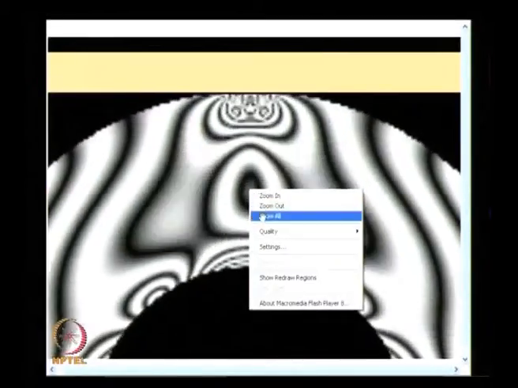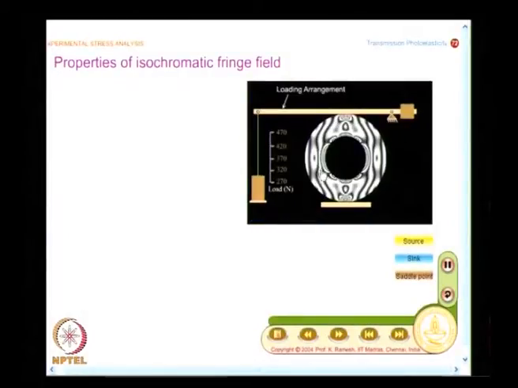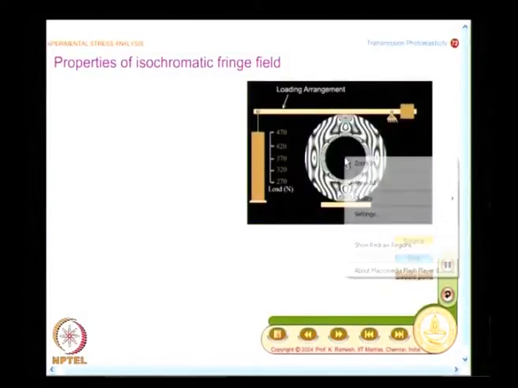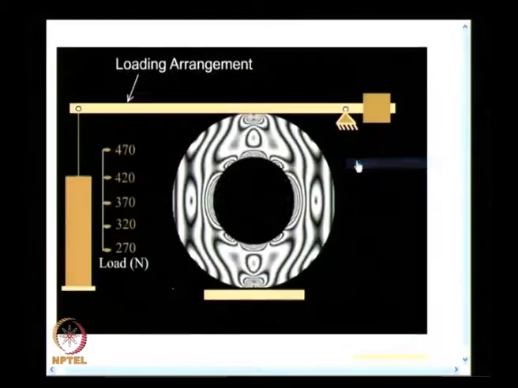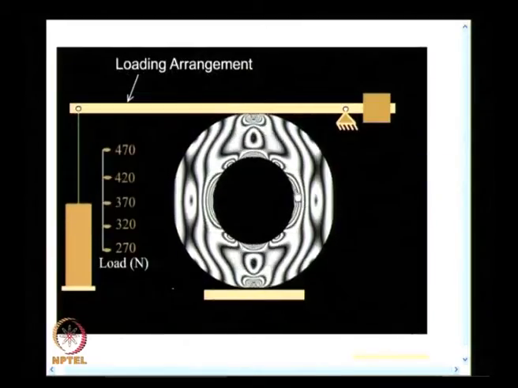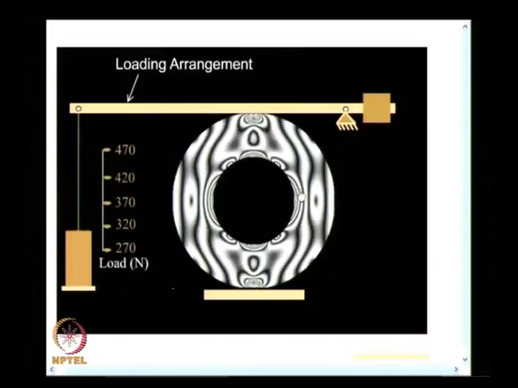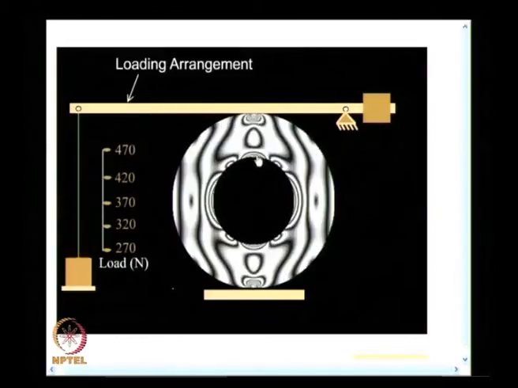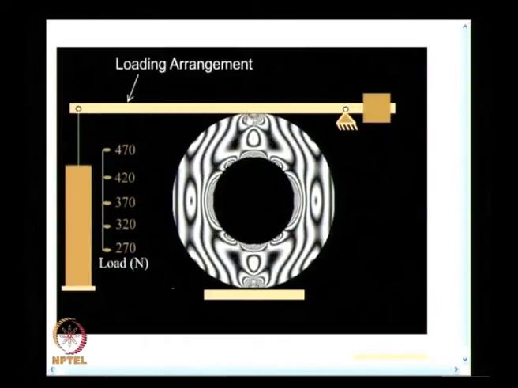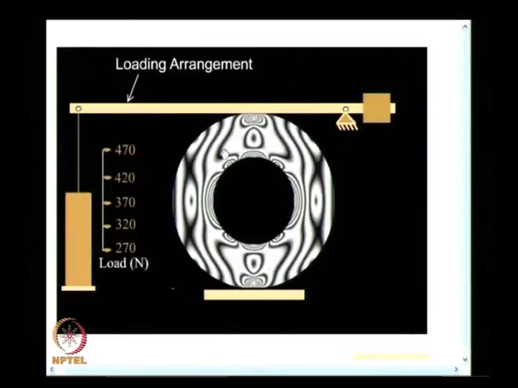And the other feature we have looked at is points where fringes originate. I have the fringe originate here, I have fringe originate here, I have the load application point and they move out.